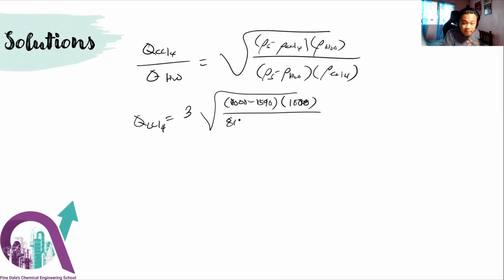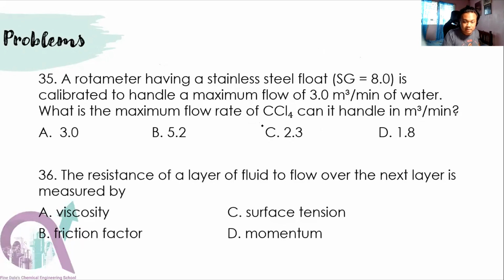So 8,000 minus 1,000, then 1,590. Then you will get 2.3 cubic meters per minute. So that's letter C.